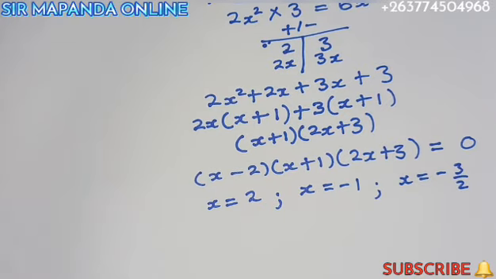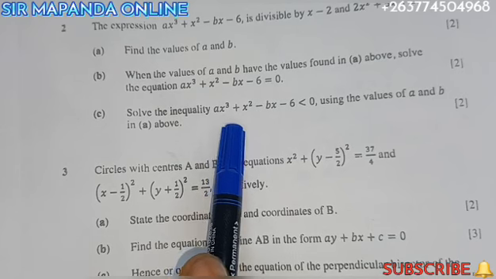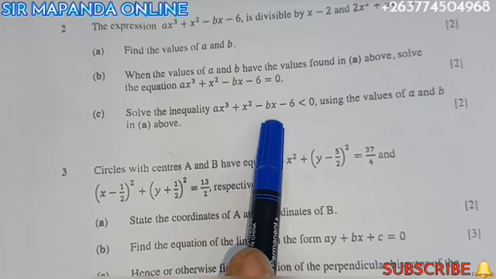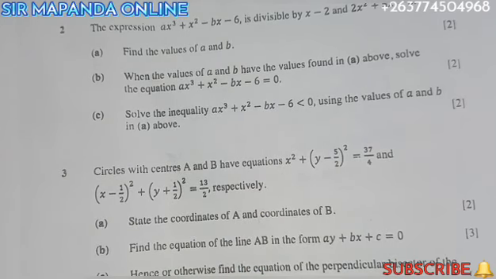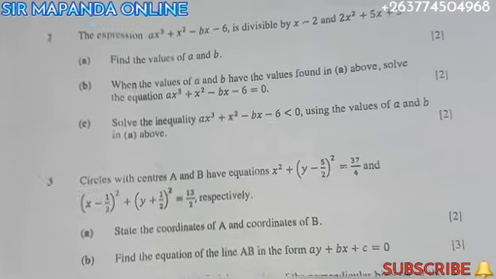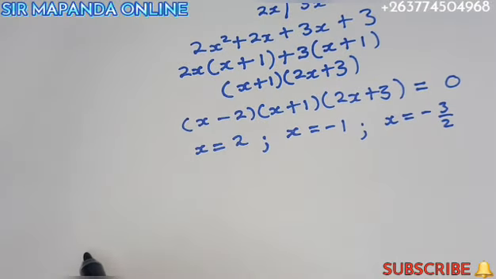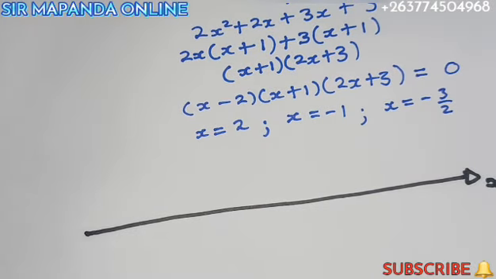Let us move on to part C of the question. Solve the inequality ax cubed plus x squared minus bx minus 6 is less than 0 using the values of a and b in part A above, 2 marks. Right, so here we are going to use the roots of the equation to act as the critical values.